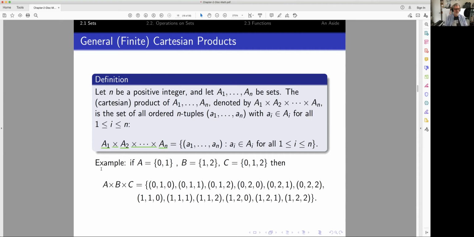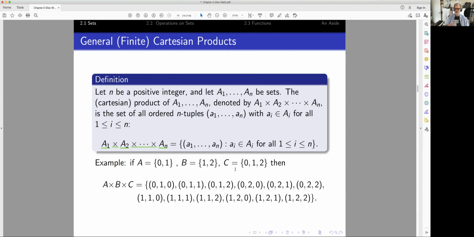Then A times B times C is all triples, all 3-tuples, where the first entry comes from A, second from B, third from C. I've listed them all here. You can verify. How many do we expect? I have 2 elements here, 2 elements here, 3 elements here.